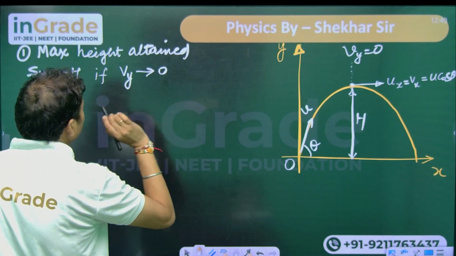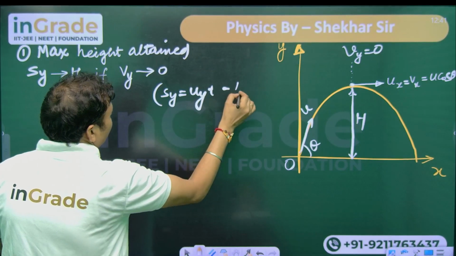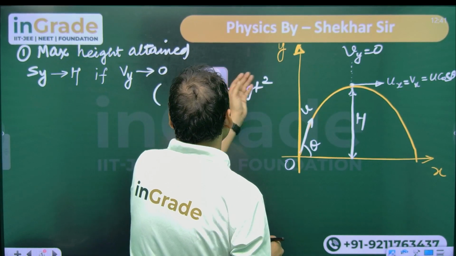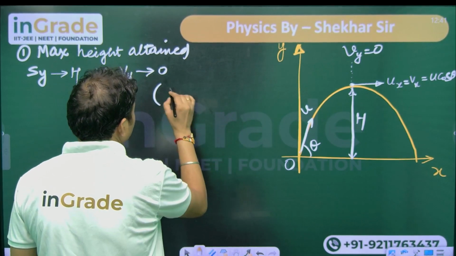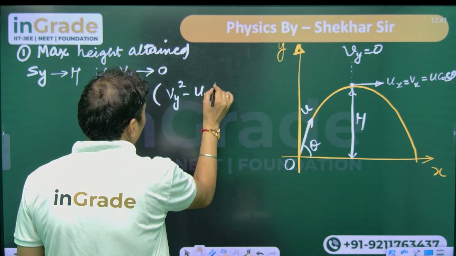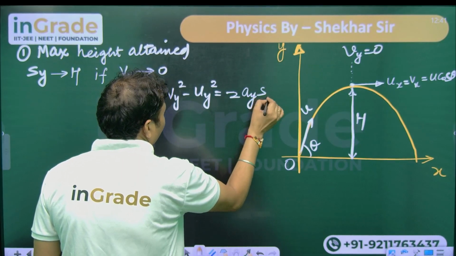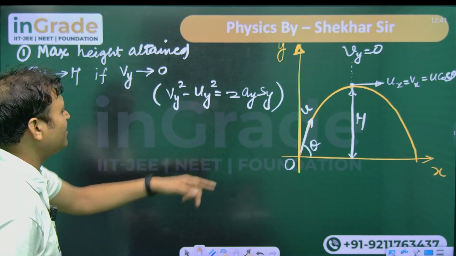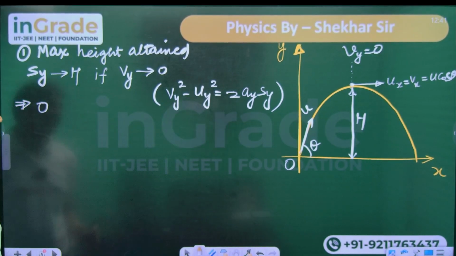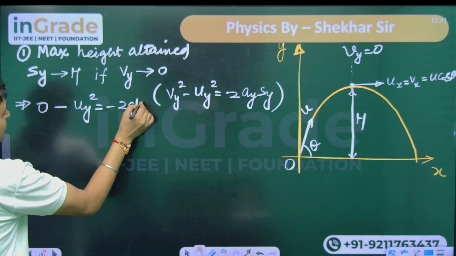By using equation of motion, Sy is equal to Uy t minus half g t square, or we can use another expression, which is Vy square minus Uy square is equal to 2 Ay Sy. If we put the values, Ay is equal to minus g, so 0, the final velocity in y direction, minus initial velocity Uy square is equal to minus 2g h.